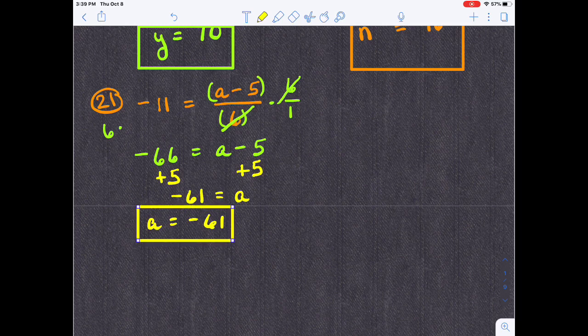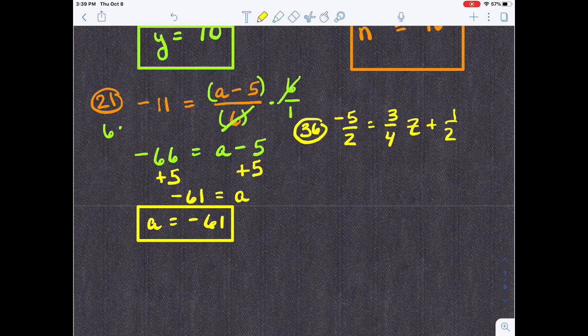All right, let's look at something like number 36. There's enough fractions to send you running if you're afraid of fractions. Negative 5 halves equals 3/4 z plus 1/2. You can deal with these just the same as regular numbers. Subtract 1/2 from the other side.